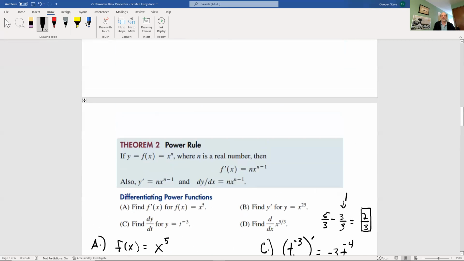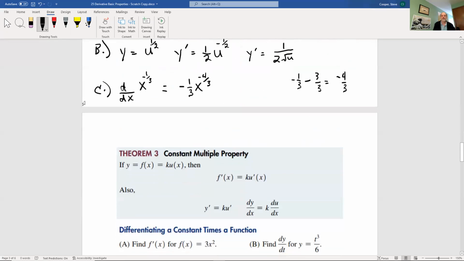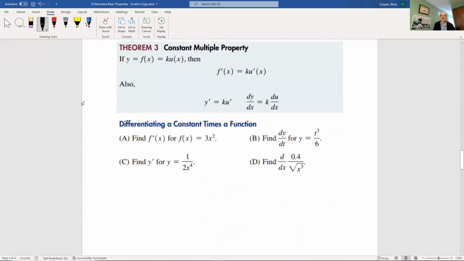power rule here. So we know a constant rule and a power rule, and we're just going to build a few things onto it from that. Here, the constant multiple rule says that if I've got a constant times f of x, or in this case, they've called it u of x because they already said f of x was the combination of these two, then all I have to do is just multiply the result of u prime of x by that constant. So you'll see that this is just a very simple operation.